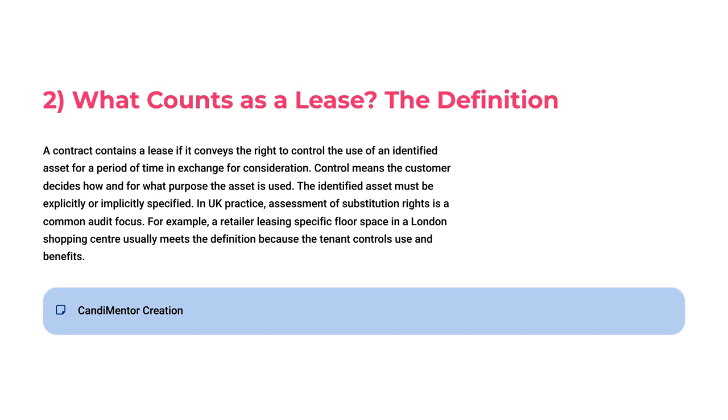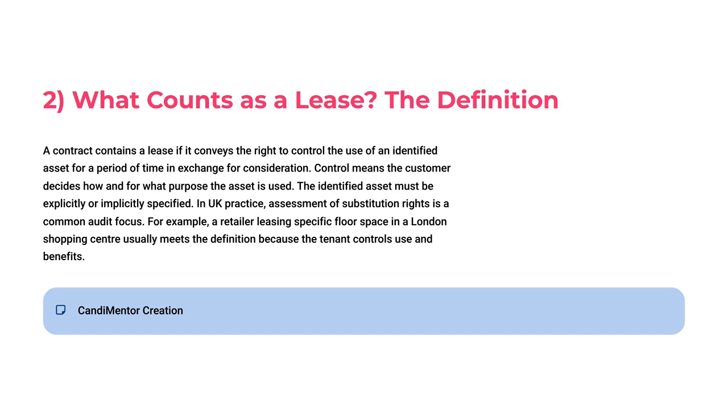What counts as a lease? The definition. A contract contains a lease if it conveys the right to control the use of an identified asset for a period of time in exchange for consideration. Control means the customer decides how and for what purpose the asset is used. The identified asset must be explicitly or implicitly specified.